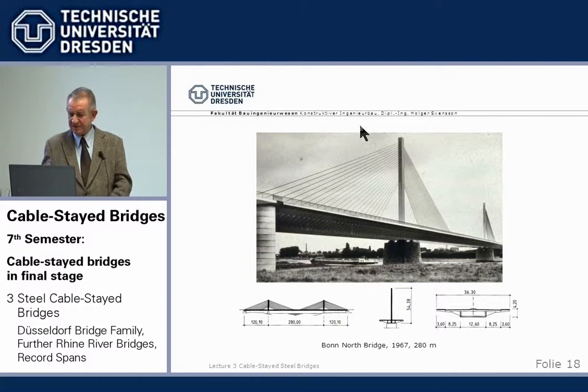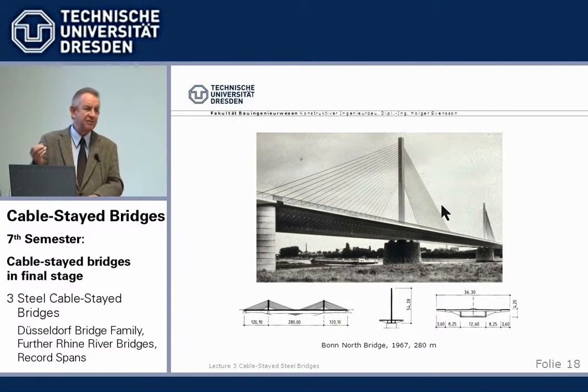He made the big step from individual groups of ropes combined to a major stay, with stays at long distances, say 50 meters, to very close support of stays, so we call them multi-stay bridges.